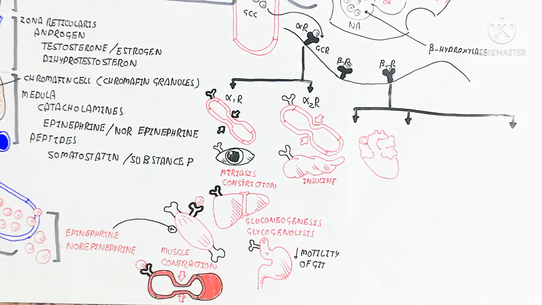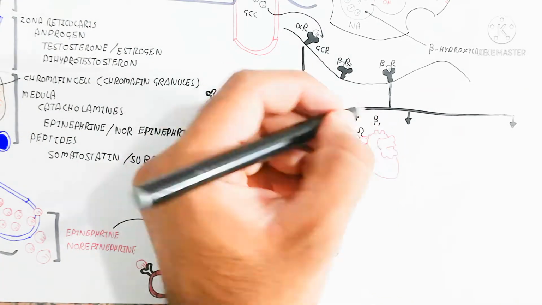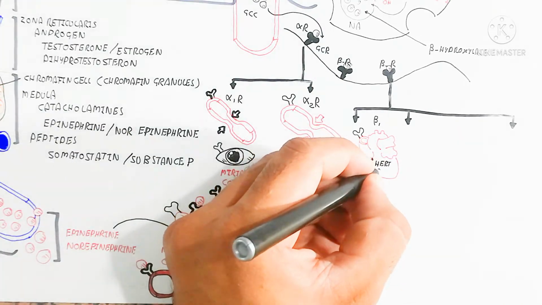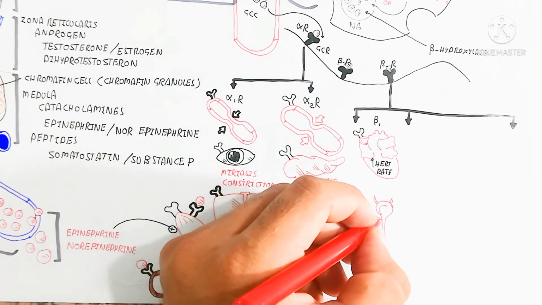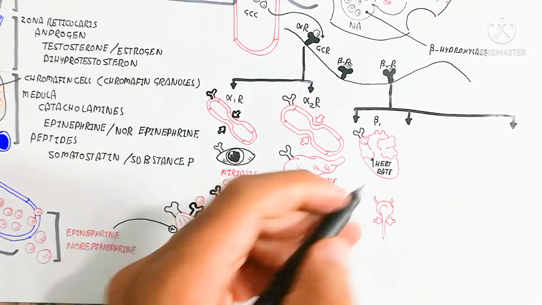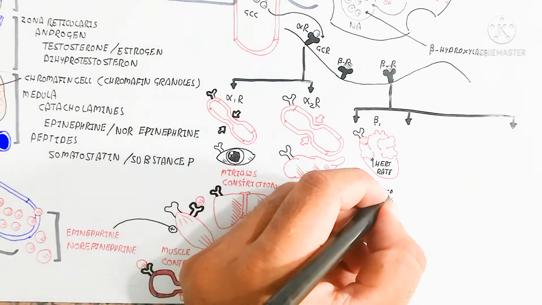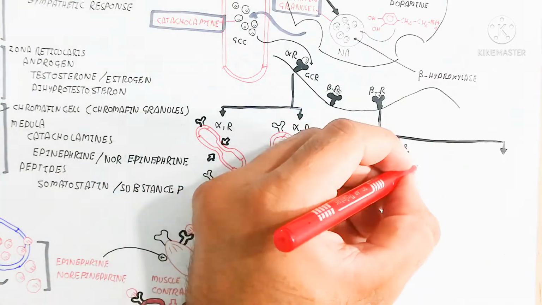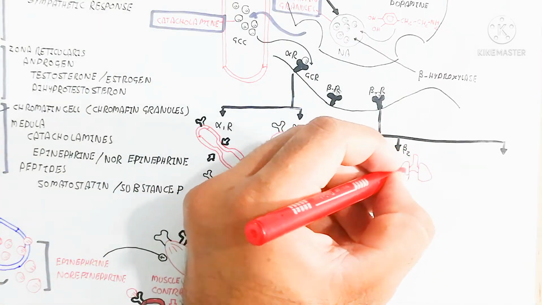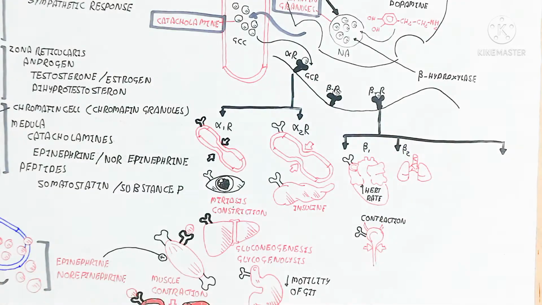On the other hand, here is the beta receptor. The alpha receptor was that, and the beta receptor is this. The beta receptor increases the heart rate by binding to the heart tissue, and also causes contraction of the bladder sphincter to prevent urine formation.